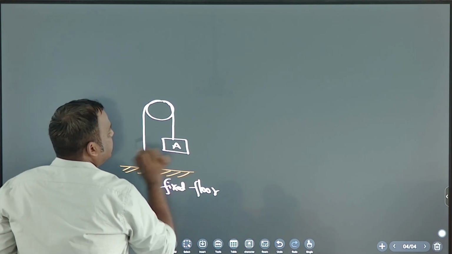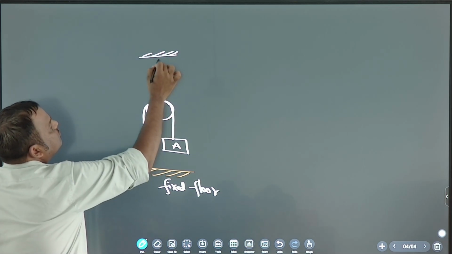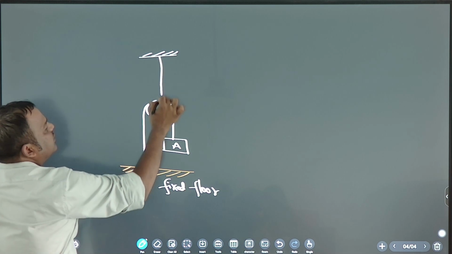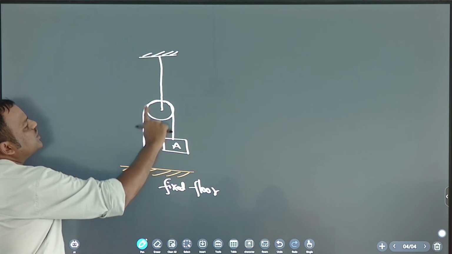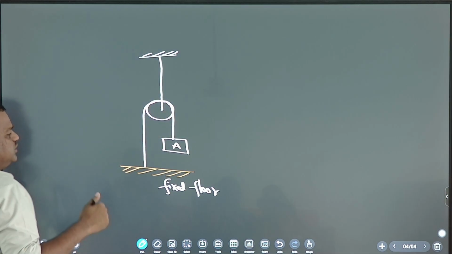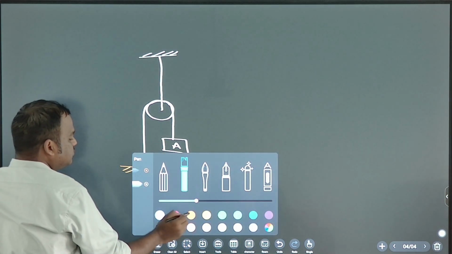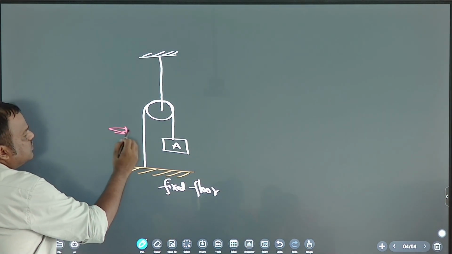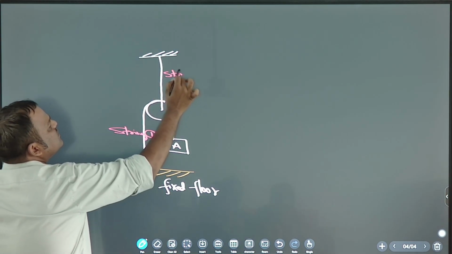This is block A. Now there is another string connected here. So how many strings do you see? This is one string. Second string, total 2 strings. This is string 1, and this is string 2.